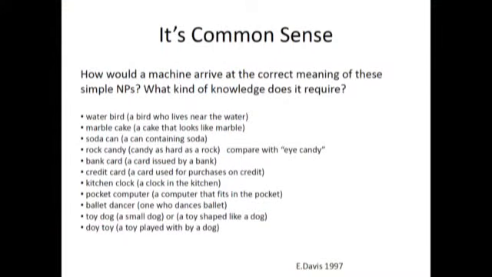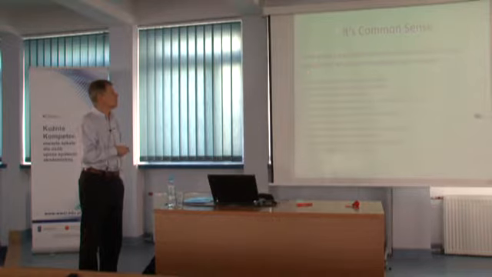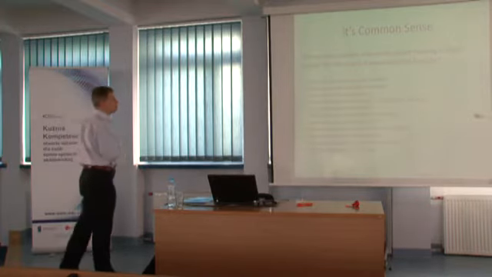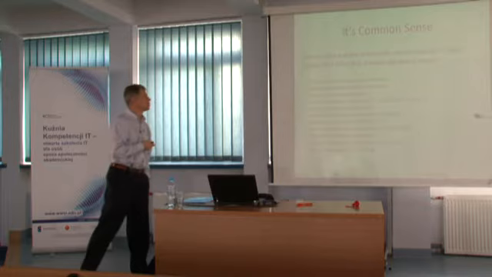And another open problem is common sense. We recognize certain meanings without any effort. However, for a machine to arrive at a correct meaning of simple noun phrases is not necessarily trivial.